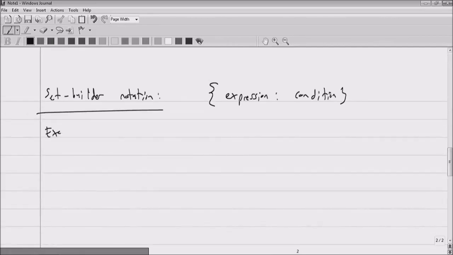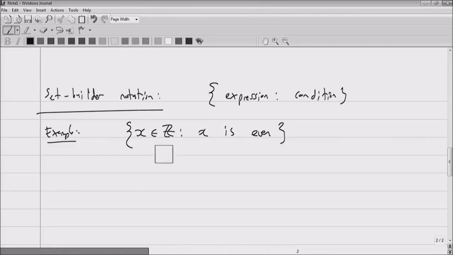Like, for example, so this over here, the way to read this is the set of all x in the integers.